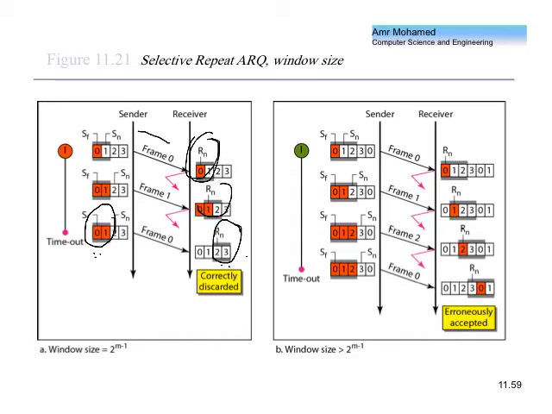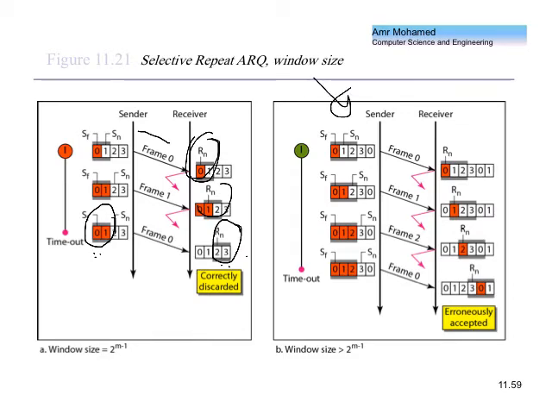So the total of them should never exceed the sequence number, because if it does, then this frame 0 will be accepted erroneously, which happens in that case.